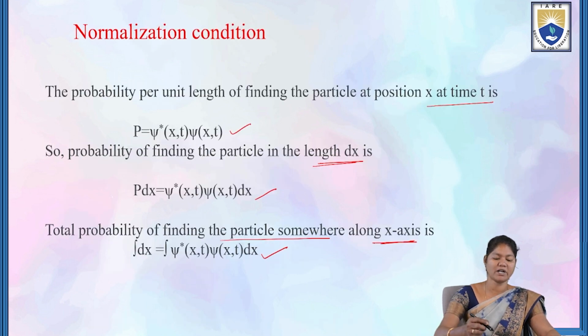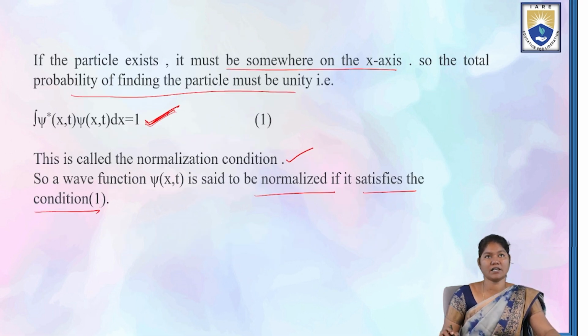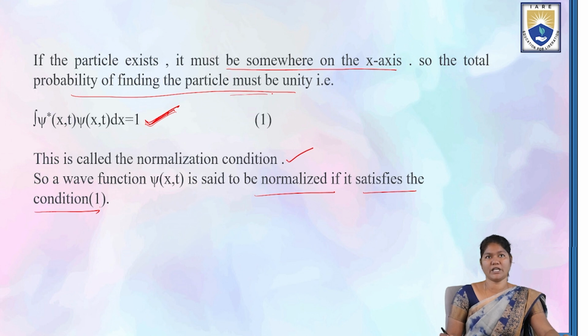Then the normalization condition. In this condition, the expression which satisfies the integral of psi star of x, t psi of x, t dx equal to 1 is said to be normalized. That is, if the particle exists in the wave, then it must be somewhere on the x-axis, so the total probability of finding the particle must be unity.